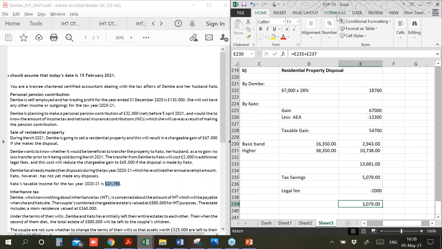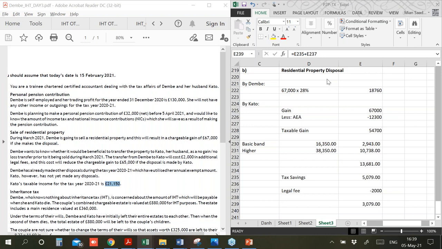However, there is one more point that you need to remember: when you calculate the gains tax for spouses, or even not for spouses, there is a terminology called incidental cost of disposal. Incidental cost of disposal means any cost that you have to incur to sell the asset. For example, if I'm selling a house, I have to pay commission to the property agent.